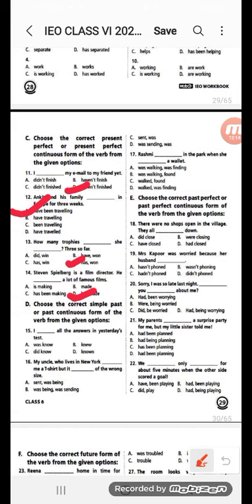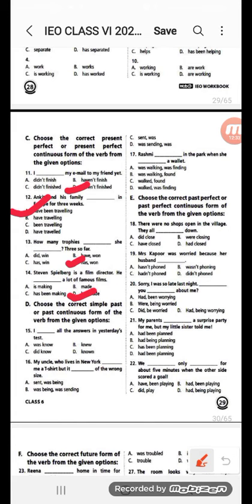Now, exercise D. Here we have to choose the correct simple past or past continuous form of the verb from the given option. So, simple past tense is used to refer to actions that were completed before the time of speaking.